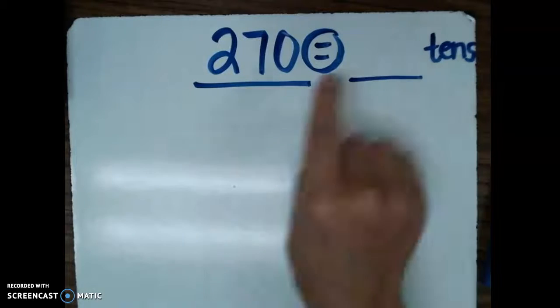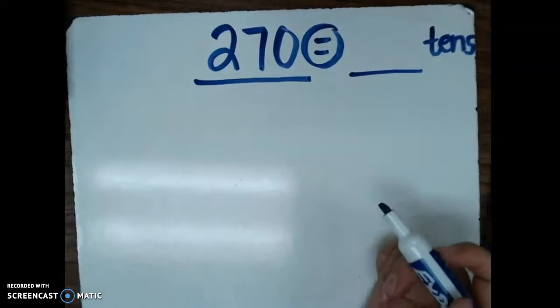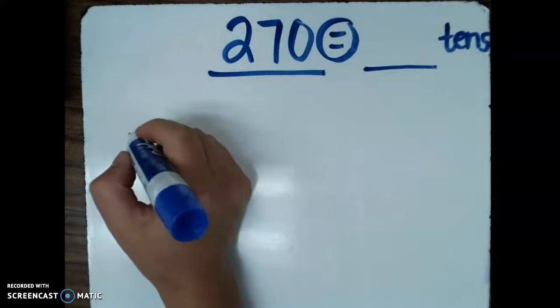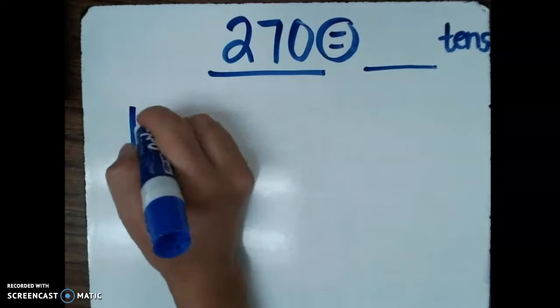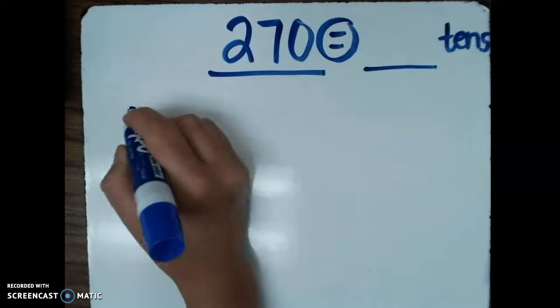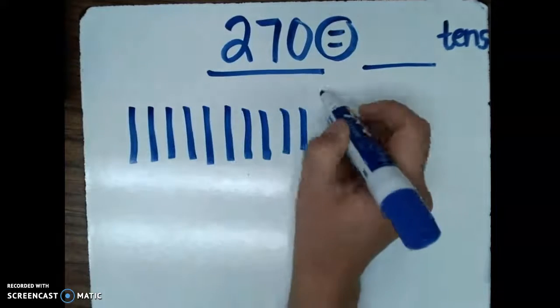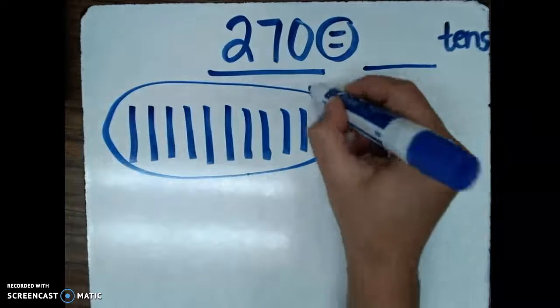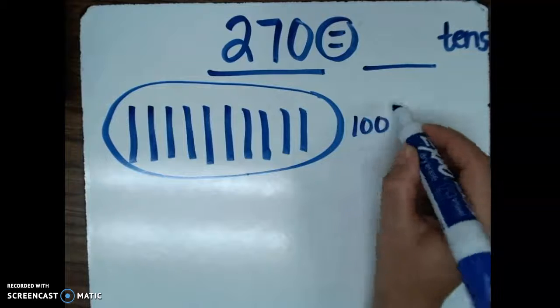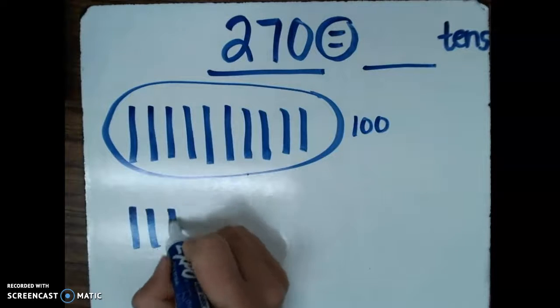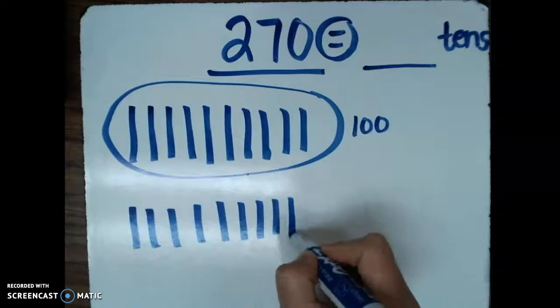How many tens make 270? Well, I know from bundling that 10 make 100. So 1, 2, 3, 4, 5, 6, 7, 8, 9, 10. I know 10 make 100. I need to make 200. So I'm going to make another 100. 1, 2, 3, 4, 5, 6, 7, 8, 9, 10.